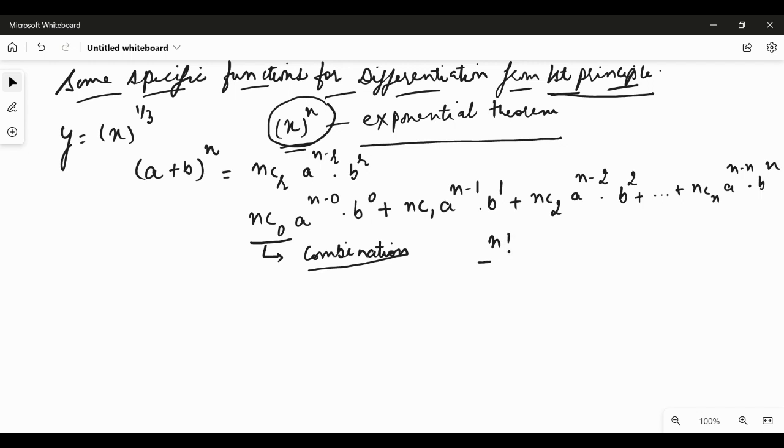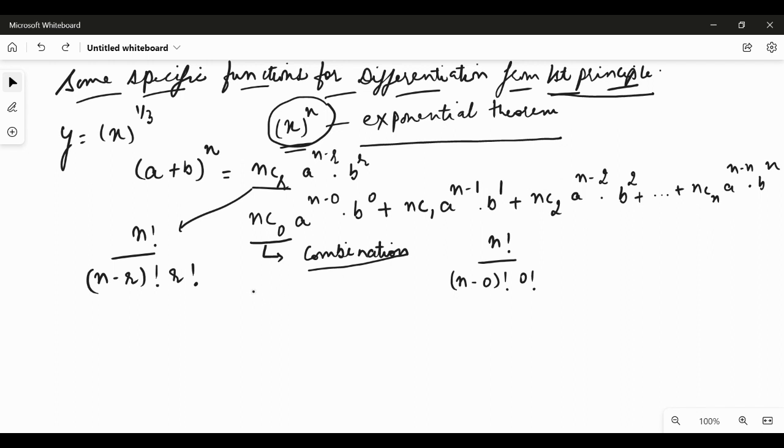It is n factorial divided by (n minus 0) factorial into 0 factorial. See, here I have written nCr, so the formula is n factorial divided by (n minus r) factorial into r factorial. If I take 0 instead of r, this would be the formula.